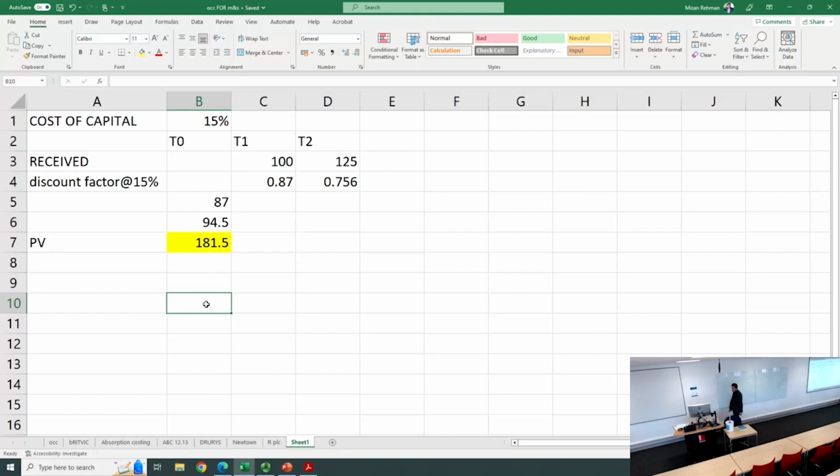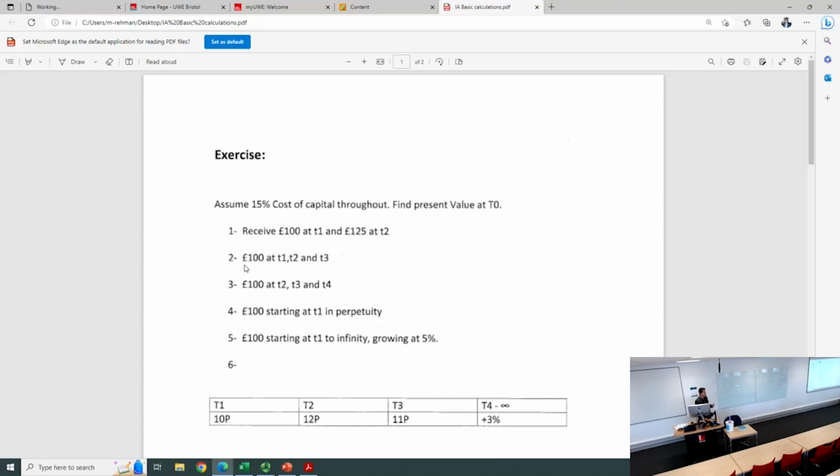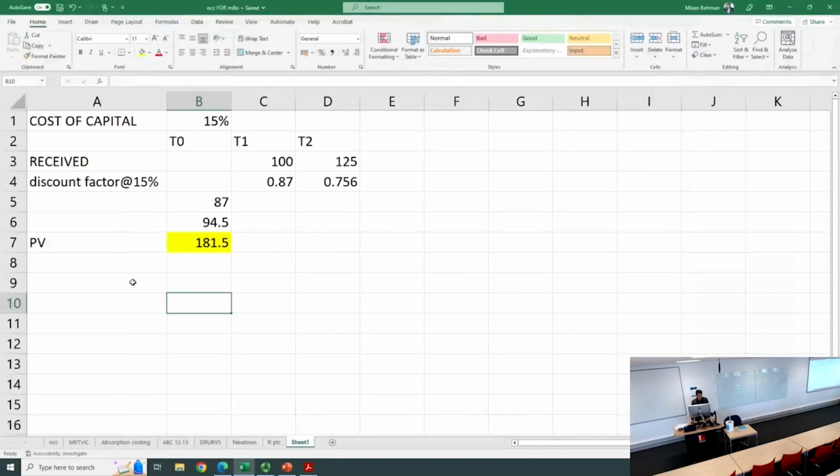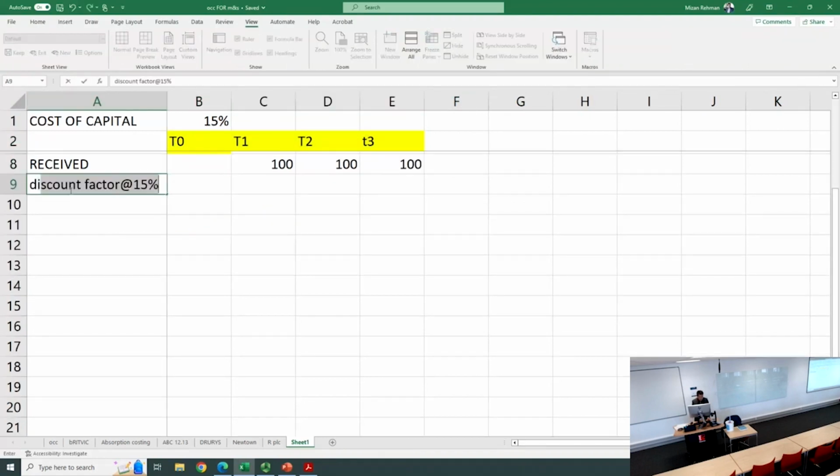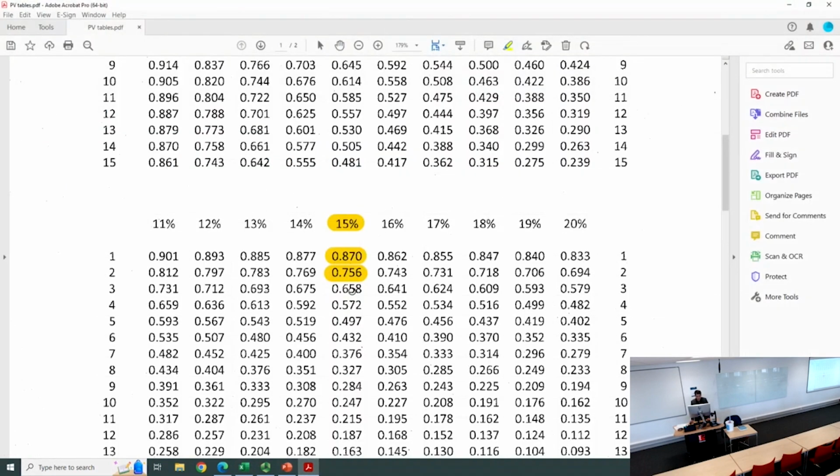Look at question number 2 now. £100 received at T1, T2, and T3. Let's put it down on our Excel. Let's put the discount factors. 0.87, 0.756, and the third one 0.658.